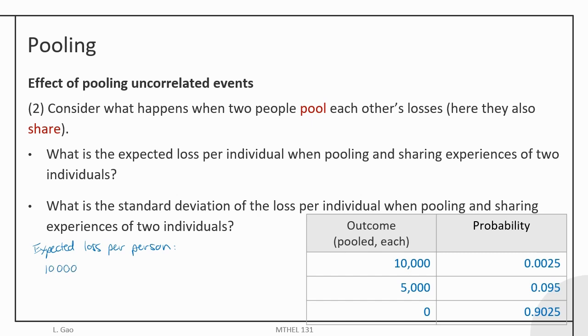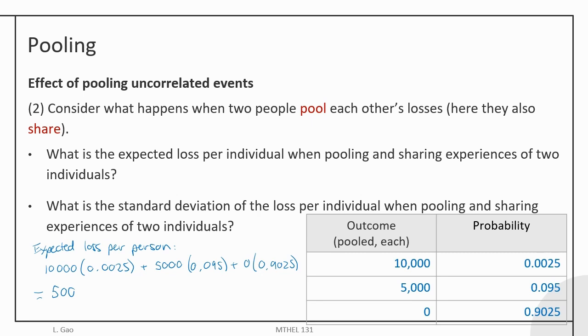So we have 10,000 with probability 0.0025, 5,000 with probability 0.095, plus 0 with probability 0.9025. And so the expected loss per individual is still going to be 500. This is actually the same as the individual's expected loss without pooling.